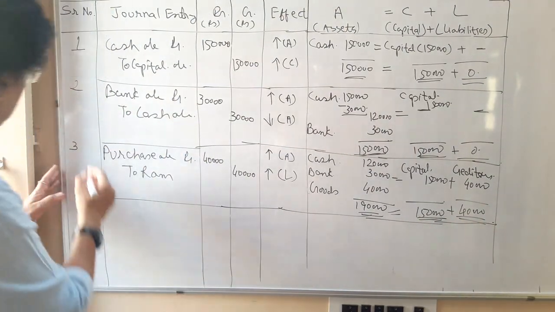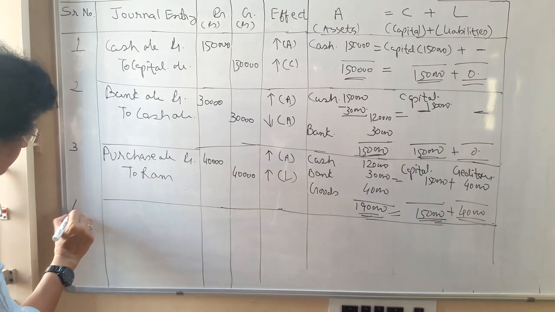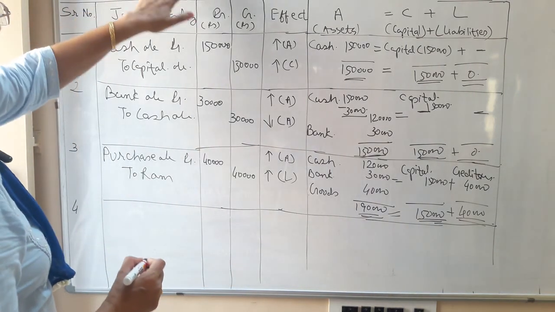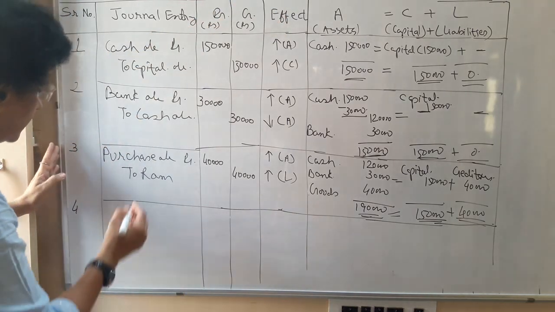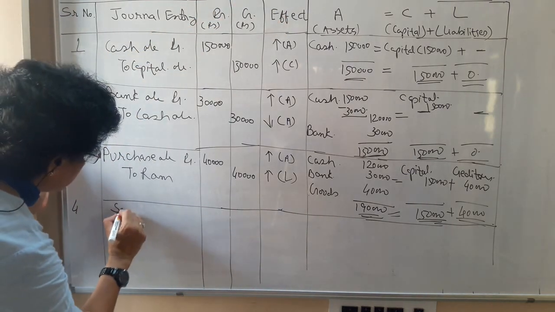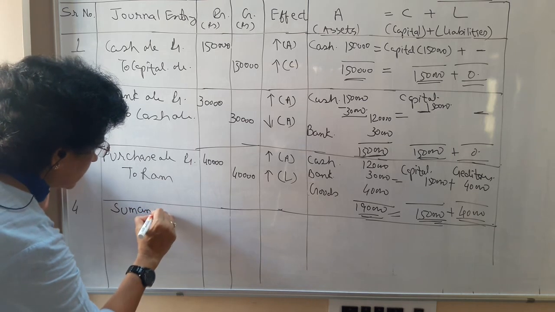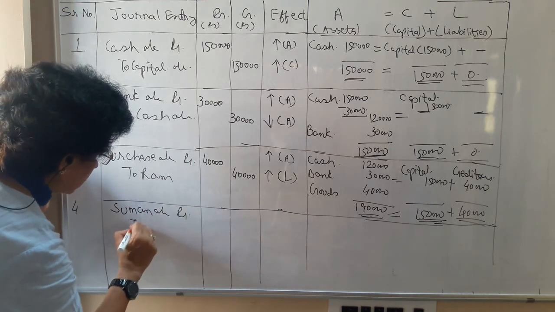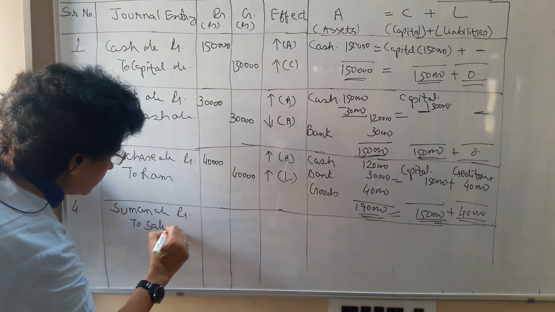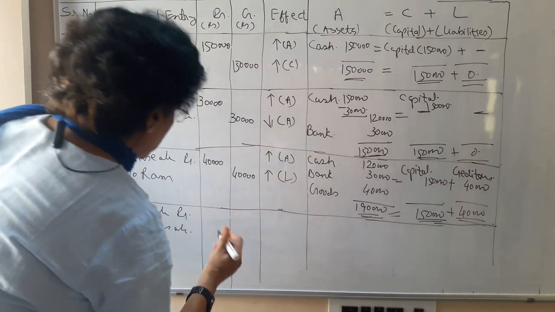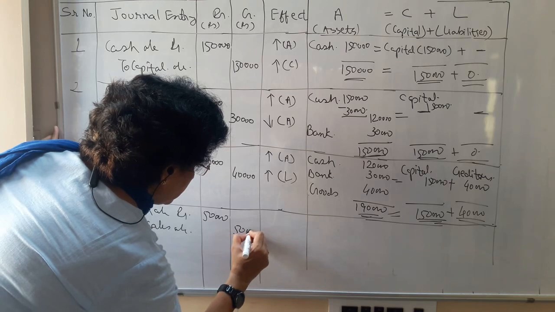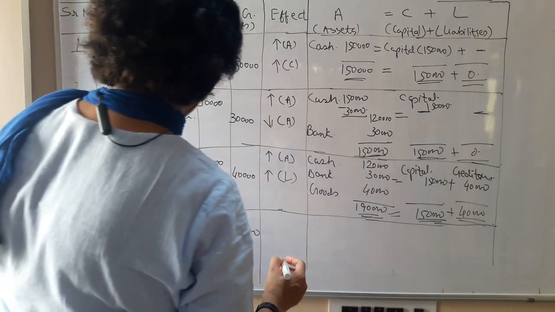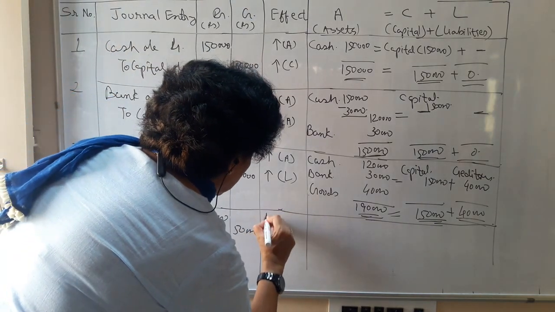The transaction is number 4. Goods of 35,000 you have sold to Suman. So here Suman account debit to sales account rupees 50,000. Here Suman is your debtor.